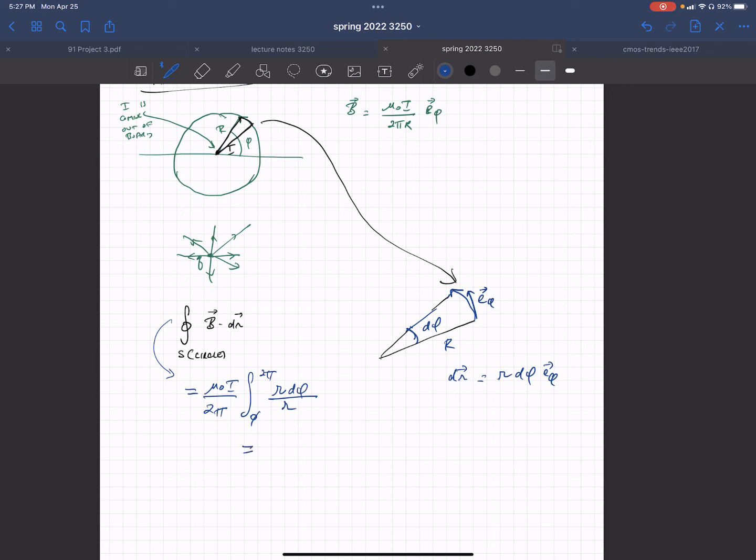And this is just going to look like mu naught I. And that's really independent of the radius of the circle.